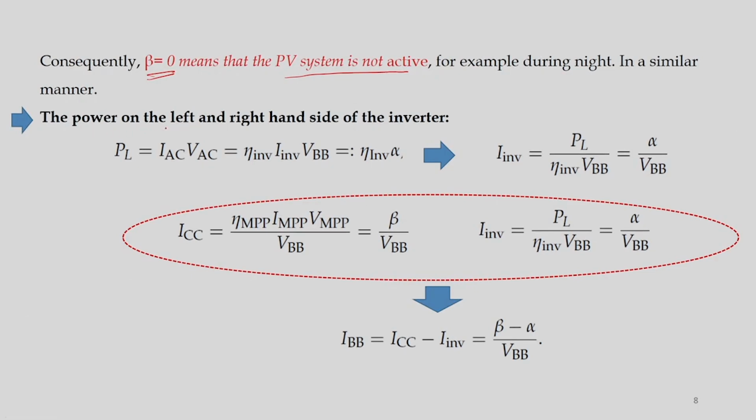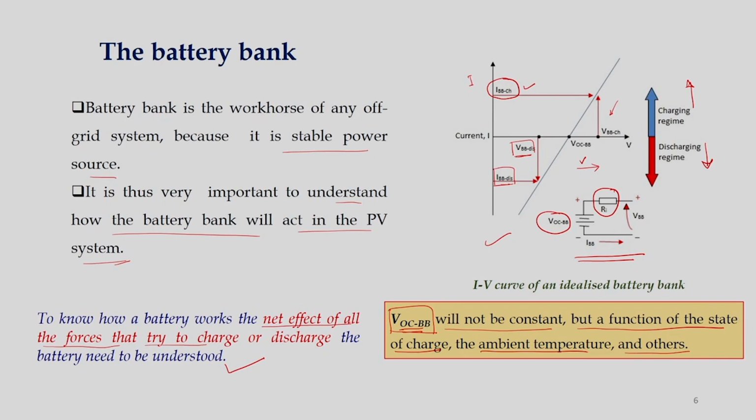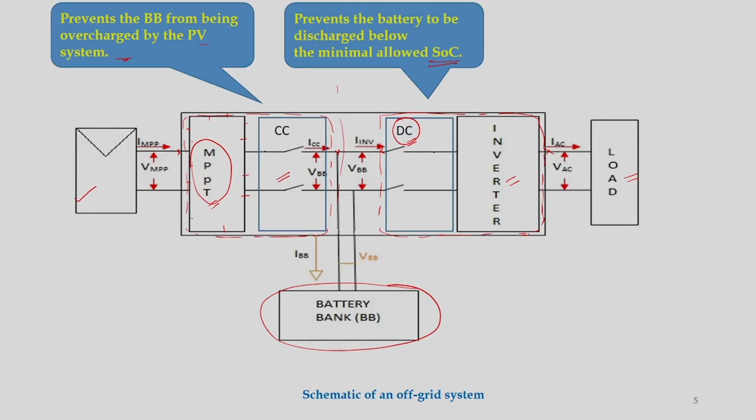So, the power on the left and right hand side of the inverter. If you go back to the slides, you can see this is the inverter. This side is I_AC into V_AC, and on this side you need to consider the efficiency of the inverter.